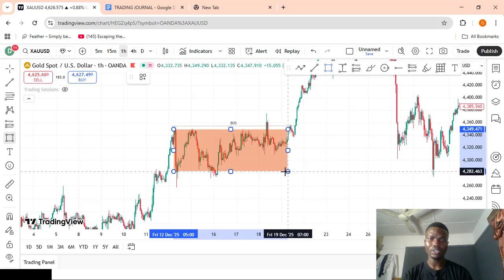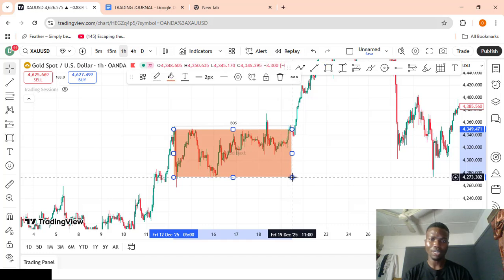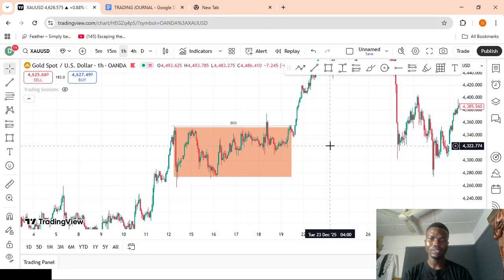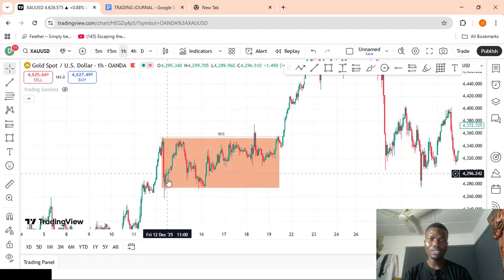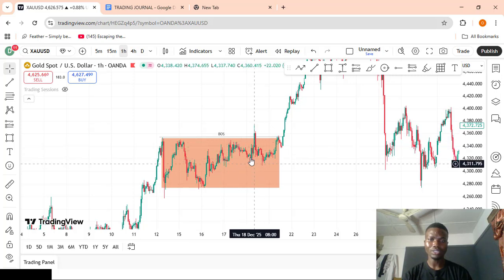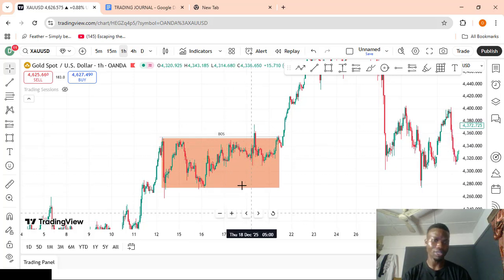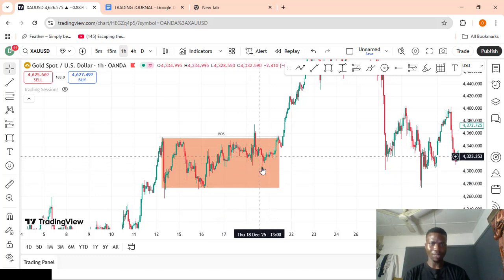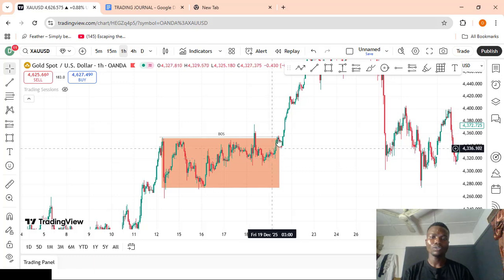This is a consolidation market, and you can see that the market was consolidating in this box. It was not going up or down. It was not breaking past this box, but at a point in time the buyers overthrew it.